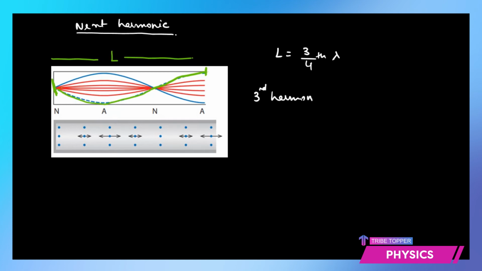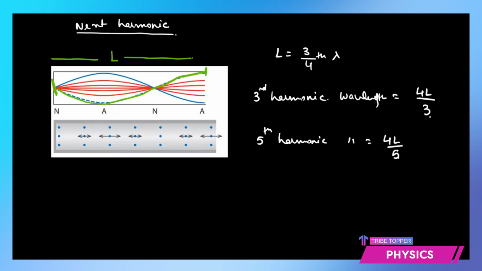The first harmonic wavelength was 4 times L. The third harmonic wavelength is 4L over 3. Similarly, for the fifth harmonic wavelength, you will get 4L over 5.